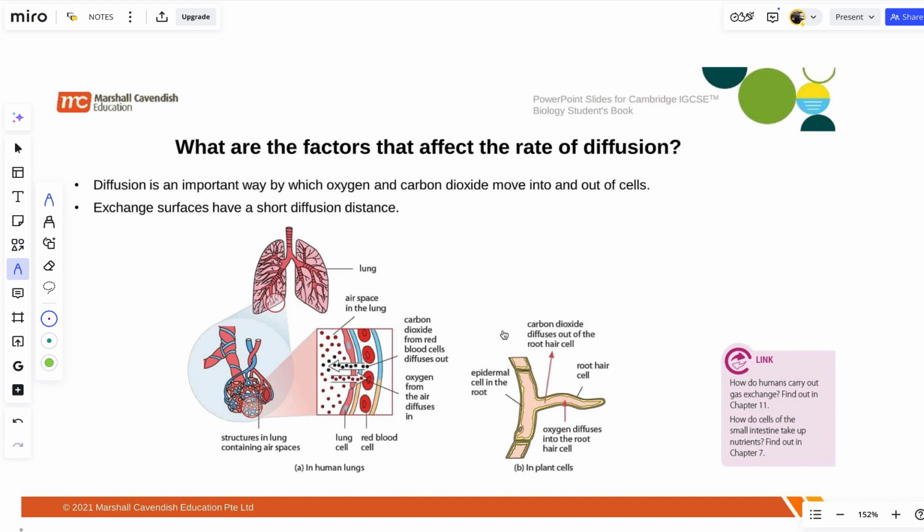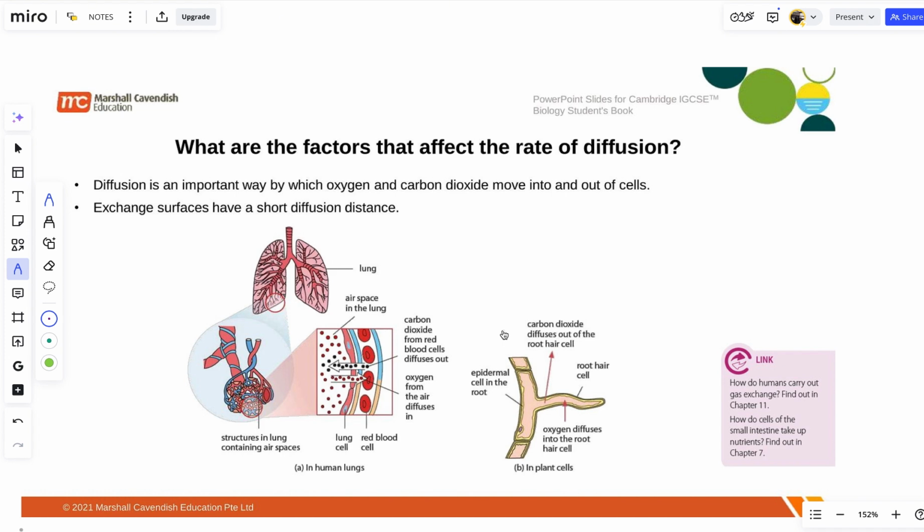In animals, oxygen moves into the cells by diffusion, and carbon dioxide on the other side moves out of the cell by the process of diffusion, right?